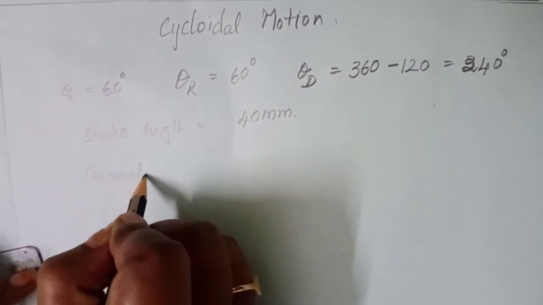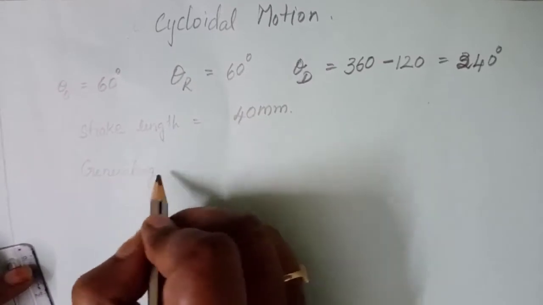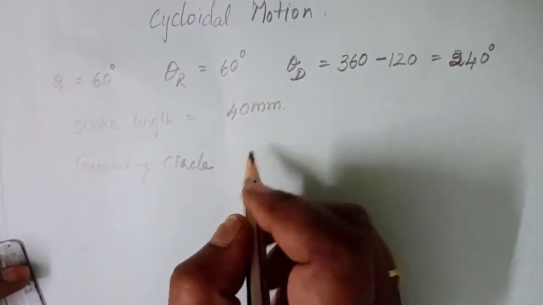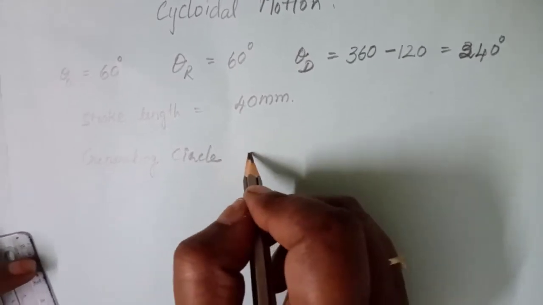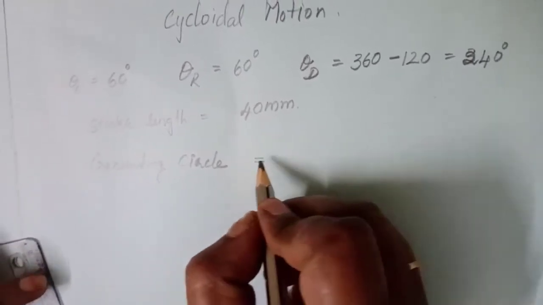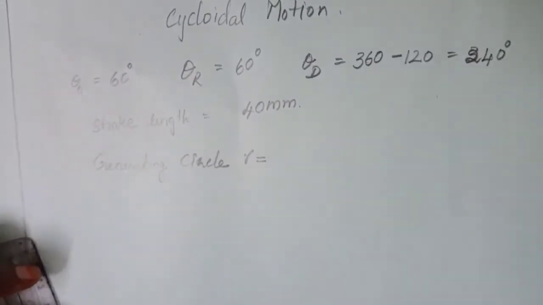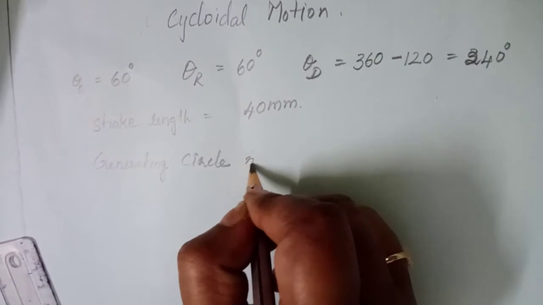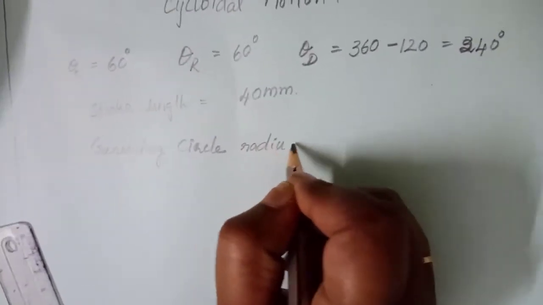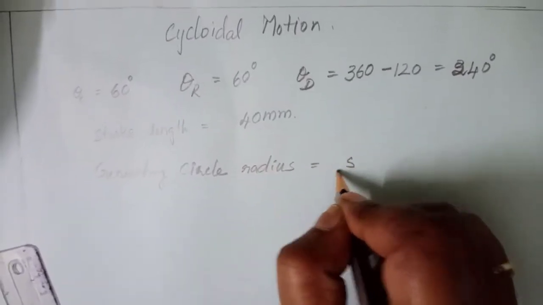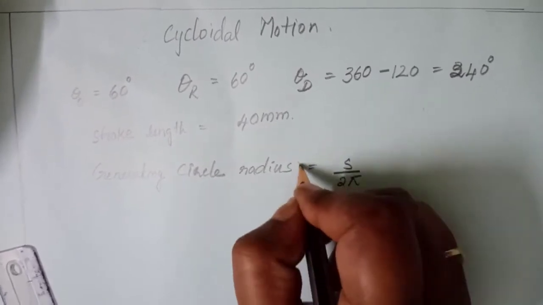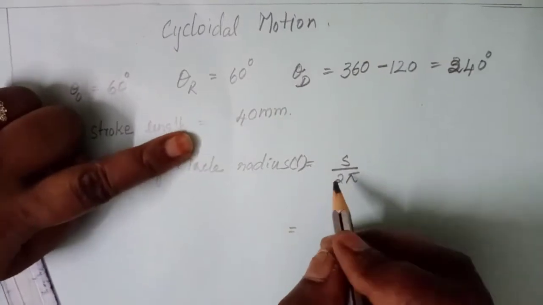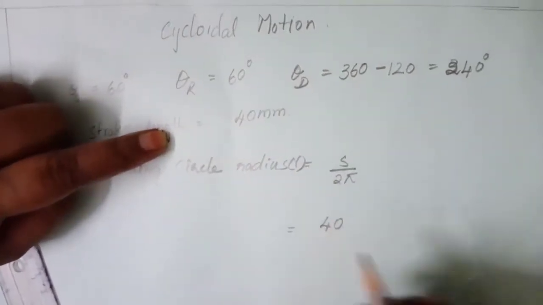You require the generating circle to create the cycloidal motion, and its radius is found with the help of the stroke length. The formula is S by 2 pi, where S is the stroke length. The stroke length is 40 mm.